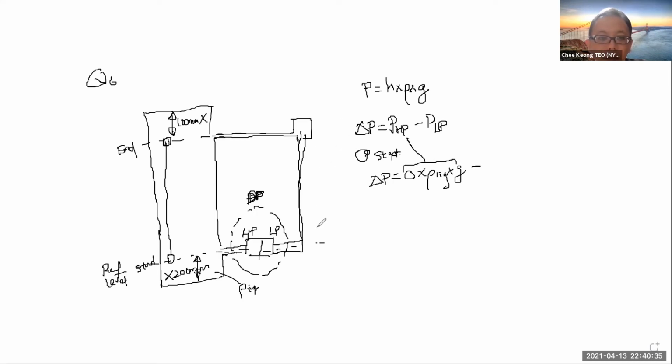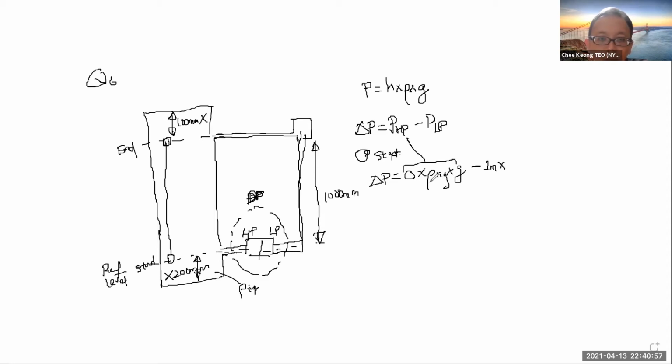pressure. Low pressure is the reference leg. Remember here is 1000 mm, which is actually 1 meter, right? So the height is 1 meter times rho, which means the density of this liquid here. So do they have the same liquid?